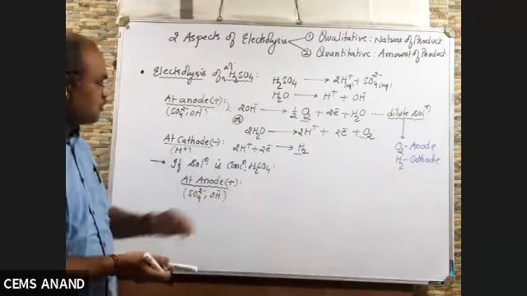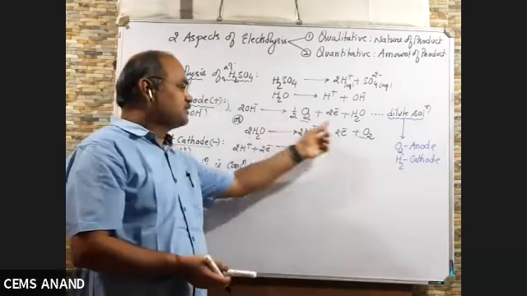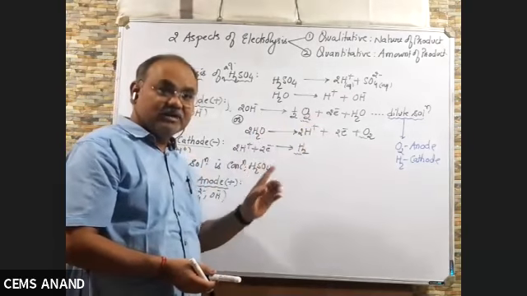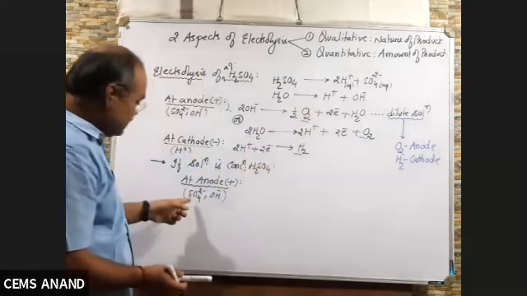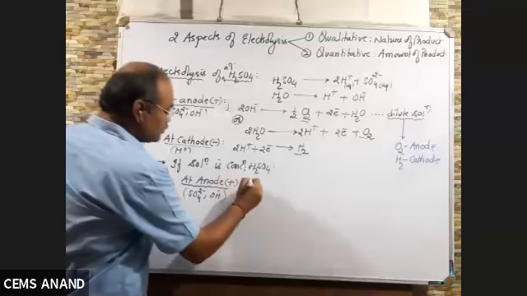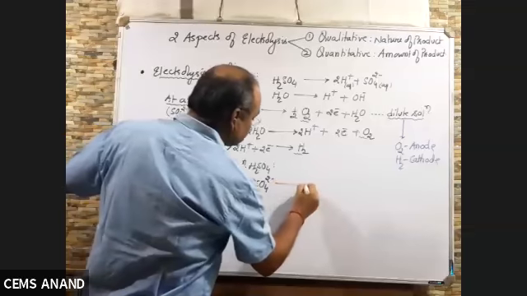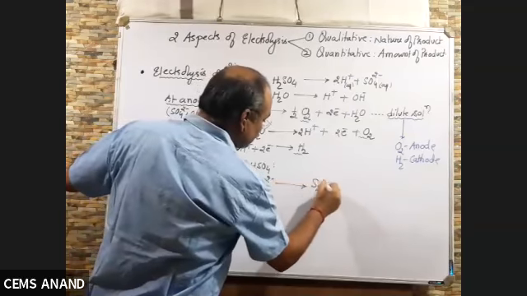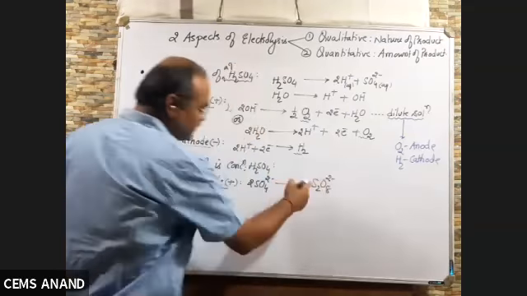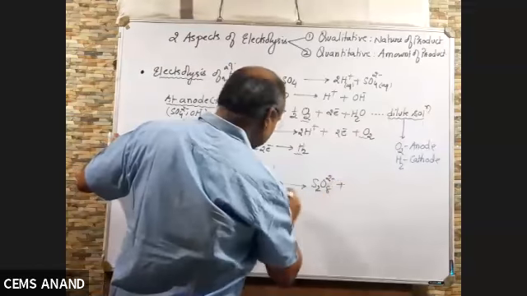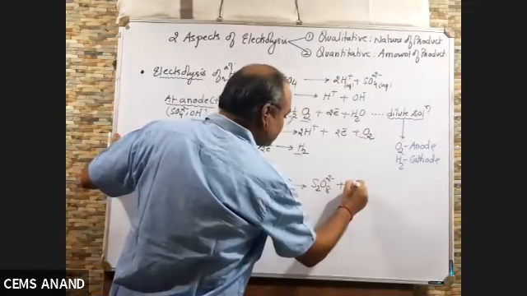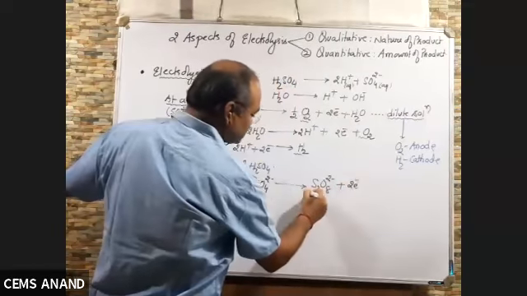Now you know in dilute solution water is more, that's why it undergoes oxidation. But in concentrated solution, SO4 2 minus is more. So 2 times SO4 2 minus will give you S2O8 2 minus, persulfate, plus 2 electrons. So this is the product.